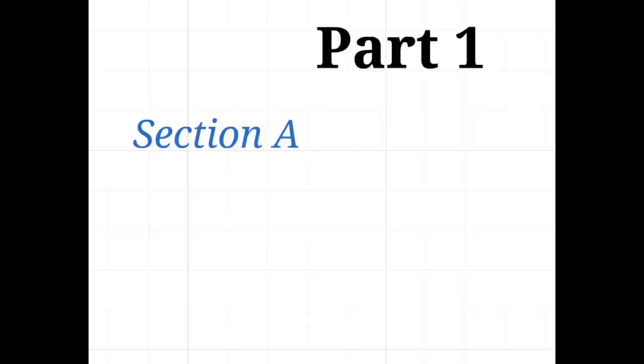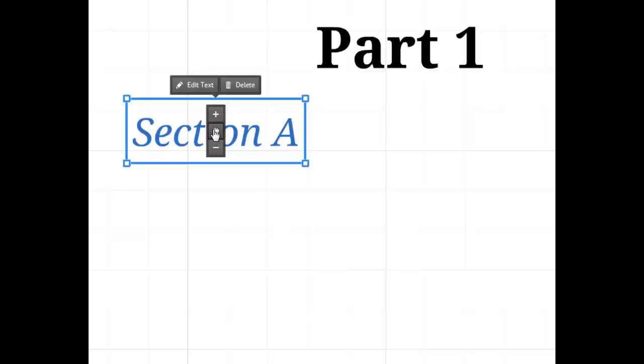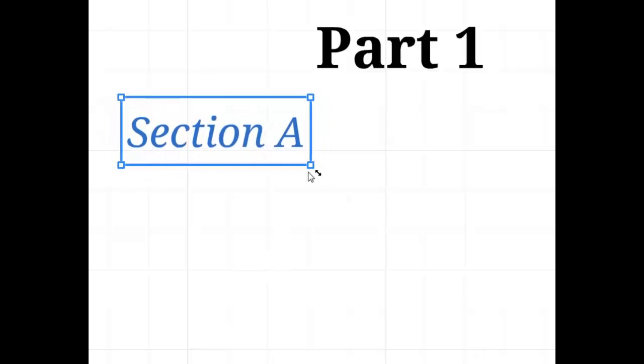Now, click in the middle of the section A text, and you'll see a bounding box plus some tool icons. You can either use the bounding box to scale the text, or click the plus and minus signs in the middle of the text bounding box.